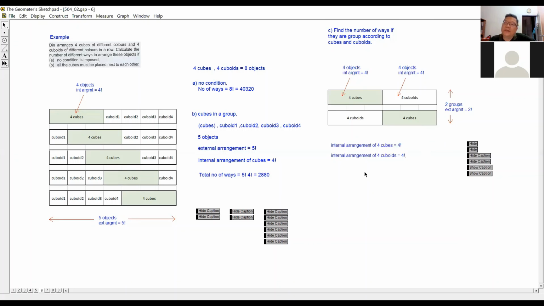So internal arrangement of cubes, 4 factorial. Internal arrangement of cuboids, 4 factorial. External arrangement of the groups, 2 factorial. So total number of ways, 2 factorial times 4 factorial times 4 factorial. So the answer is 1152.